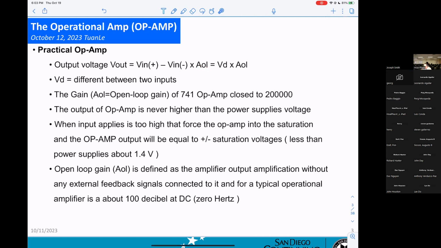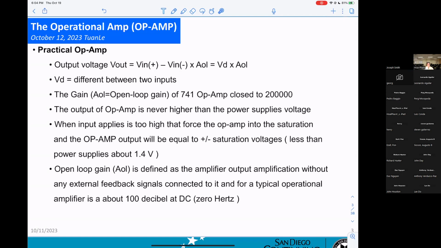That means for the output Vout, you take the VD, the difference between the two inputs, times AOL. The open loop gain of the 741 op-amp is close to 200,000.